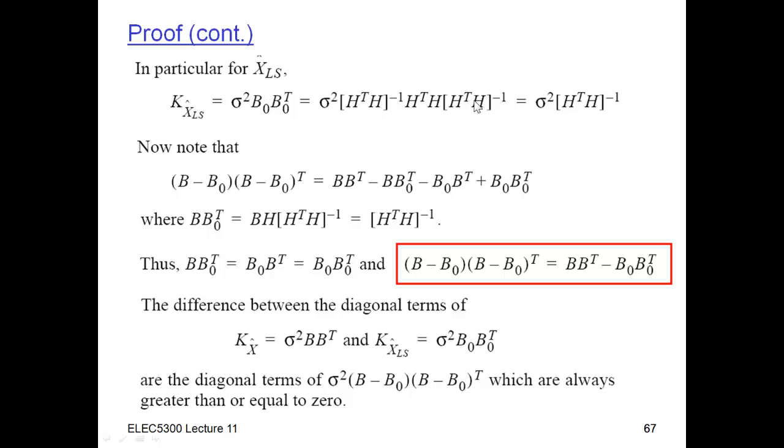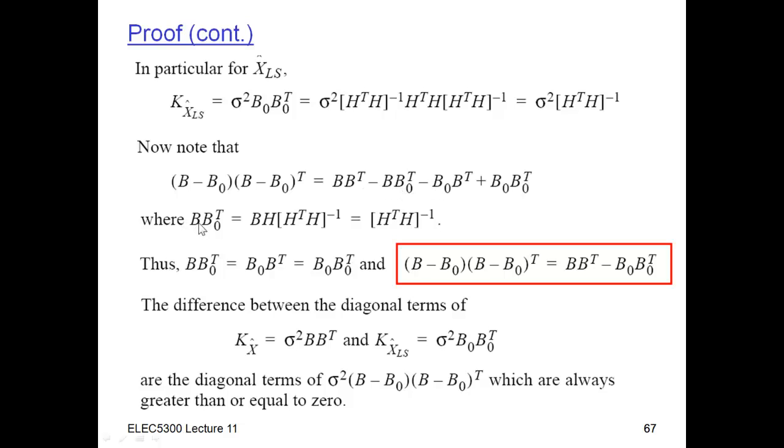Now, I really am interested in the difference between the covariance matrix for the optimal case and the non-optimal case. So I'm looking at the difference (B minus B0) times (B minus B0) transpose. And so this one is going to give me, by expansion, this thing here. And I can substitute in the form of B0 or B0 transpose into here.